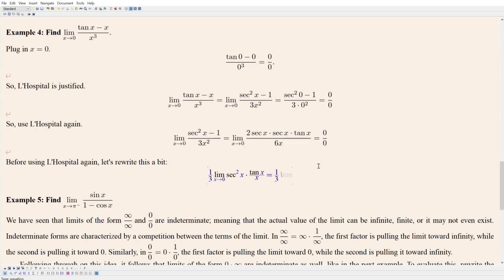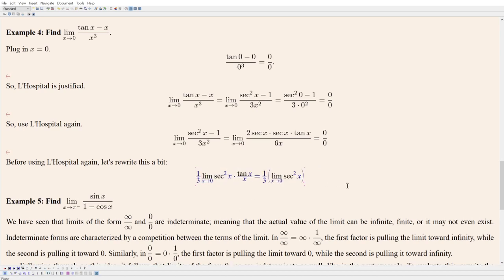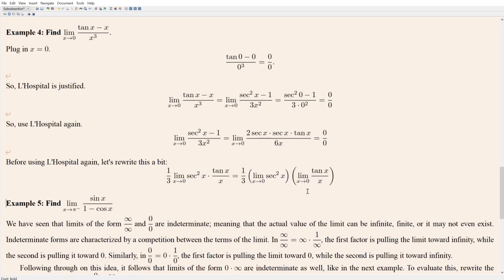So let me write it like this. Like so. And this is perfectly valid. You can distribute the limit over products like this, provided these limits all exist.